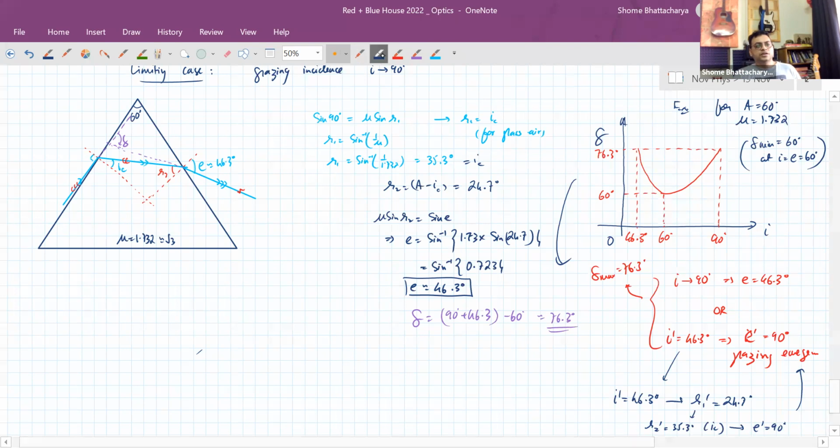And you can later take some values and check yourself. Like, if you take something in between here, like an angle of incidence of, let's say, 53 degrees, you'll get some other deviation which is in between these two.